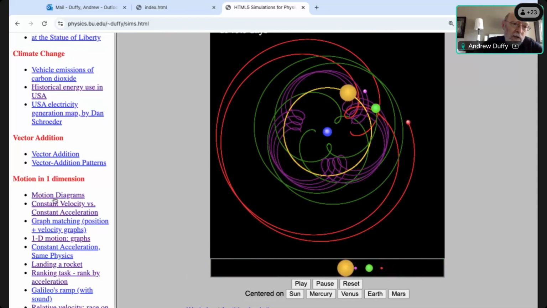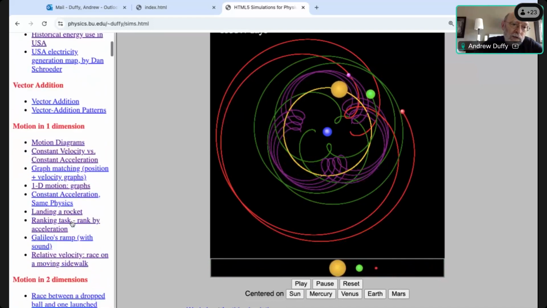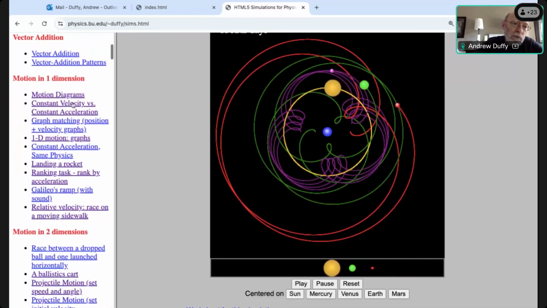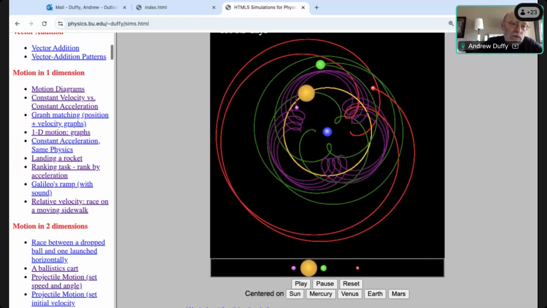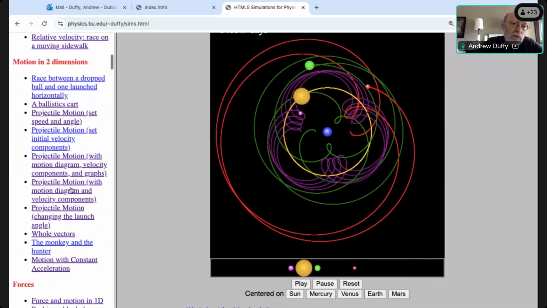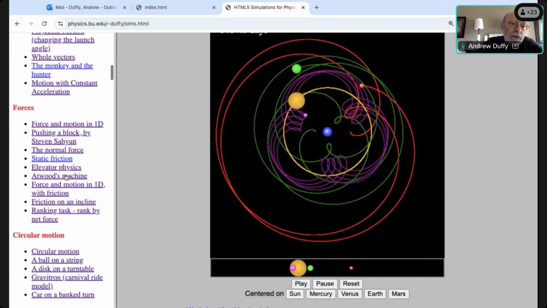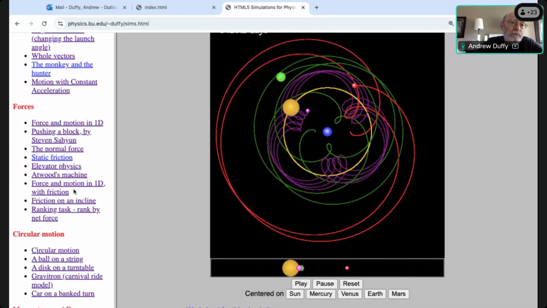So let's scan down through these various categories. These are pretty much listed in the order that you might go through this content in your classroom if you're teaching introductory physics. So motion in 1 dimension, 2-dimensional motion, projectile motion, some stuff about forces. They're not entirely mine. There's one here by Stephen Sayoun, which is really nice, about pushing a block.